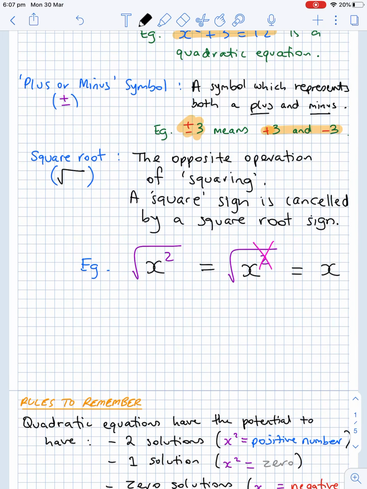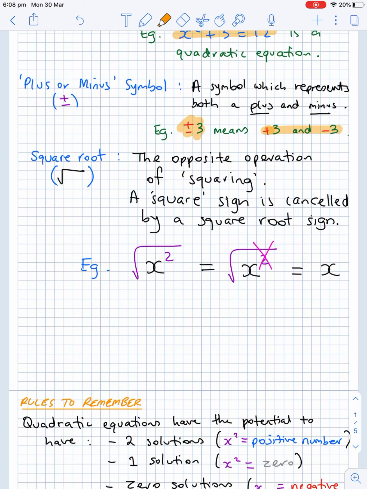The next term we need to know, you've probably heard this before, is the square root. This is the symbol for the square root. It looks like a bit of a tick with a line going up the top. So the square root is the opposite operation of squaring. So see here we've got our square, and that's an operation, and this is the opposite of it. So this here and this here are opposites to each other.